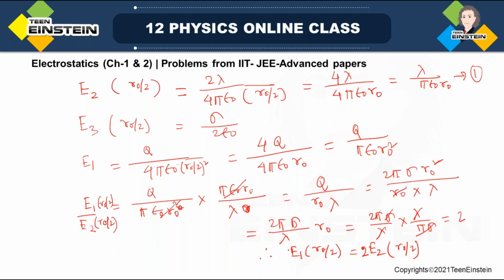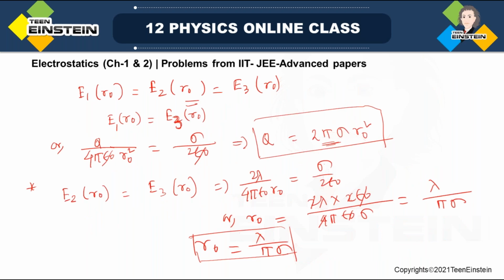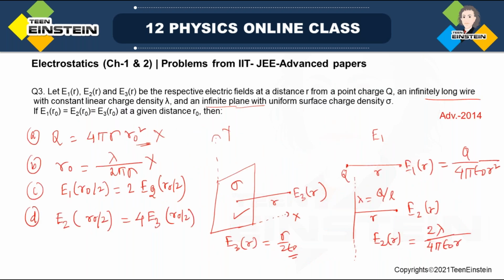So this is the relation between E1 and E2, and that is actually correct. So this option is correct here.